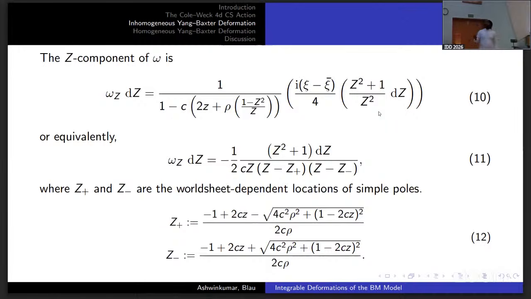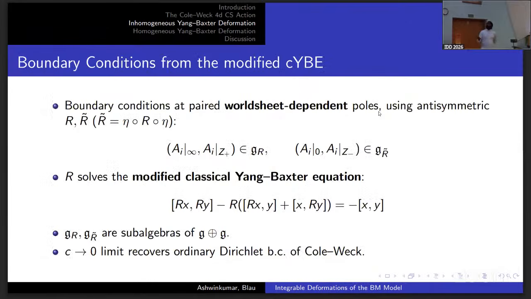So a bit more explicitly, the Z component of the meromorphic one form looks like this. And it has these 4 simple poles, as I mentioned, and Z plus and Z minus have this rather complicated form. The crucial point is that the simple poles, as I mentioned, are worldsheet dependent. And as in the usual Yang-Baxter sigma model, you can also think of the boundary conditions as specifying certain isotropic subalgebras of the boundary field space.